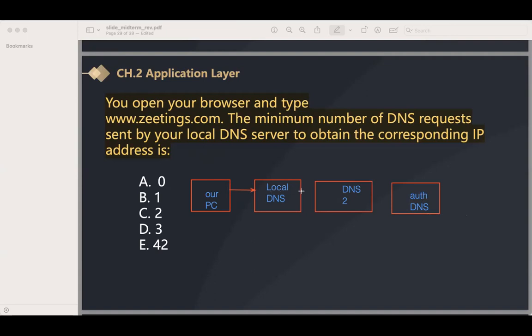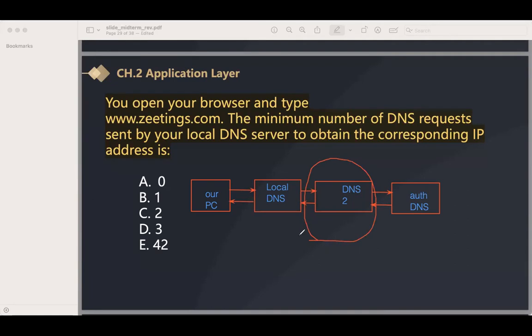And if our local DNS does not know, it will go to another DNS, like the root DNS, and we will finally reach the authoritative DNS, which has the records, and it will come back. So the maximum number, we will not know how much that is, because in the middle there could be a lot of DNS. We may have 1 or 2 or 3 or whatever the number is. We may go through a lot of DNS.